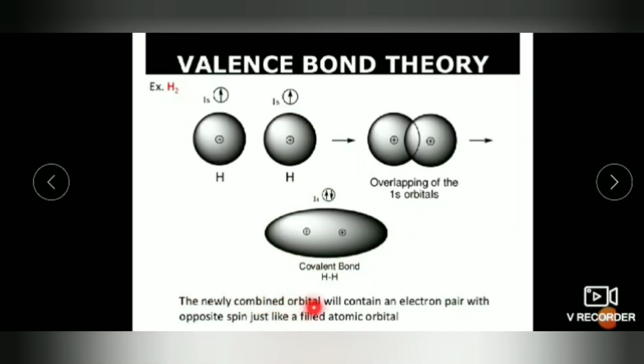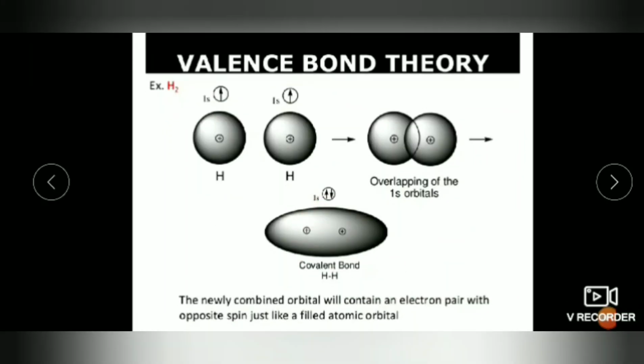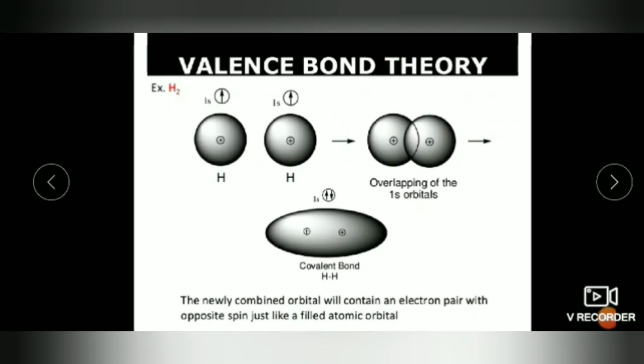The newly combined orbital contains the electron pair with opposite spin, filled by the atomic orbitals. So this is the example for the valence bond theory.